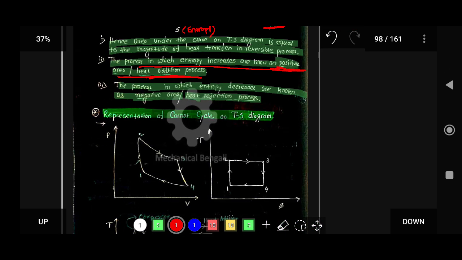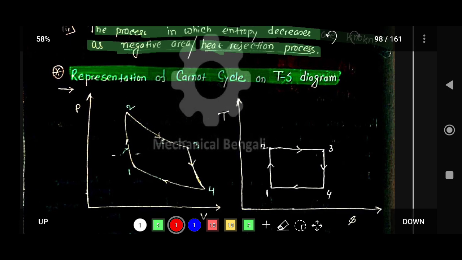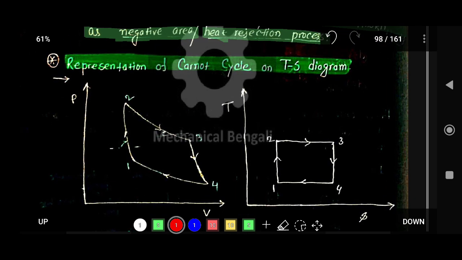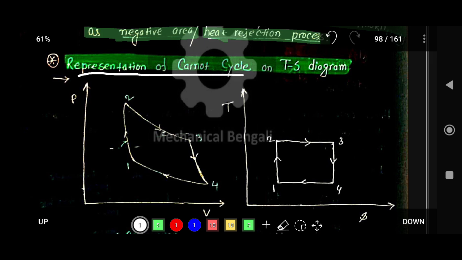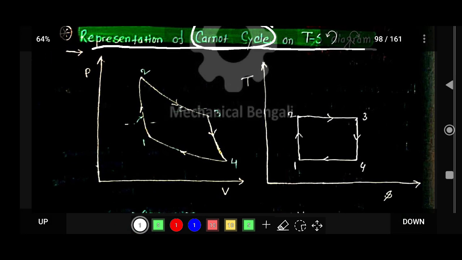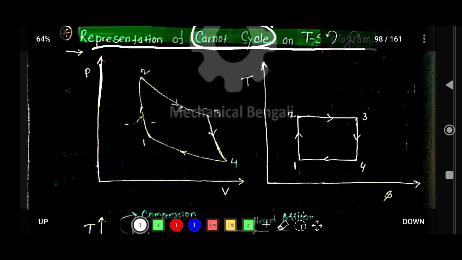Next concept: representation of the Carnot cycle on the TS diagram. TS means temperature-entropy diagram. You know the Carnot cycle. Let's try to understand this. There is a pressure axis and a volume axis.